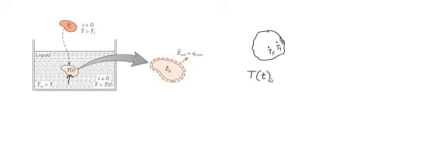The capital T, which stands for temperature, is a function of the small letter t, which is time, for a time greater than or equal to 0. So the initial temperature was Ti, and then the temperature goes on changing with respect to time.